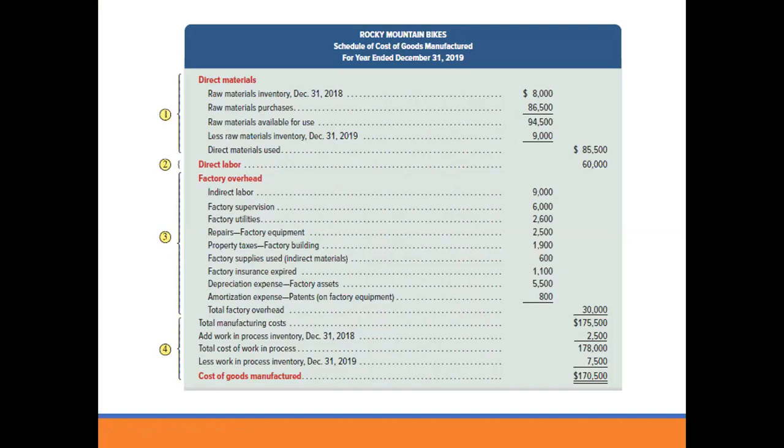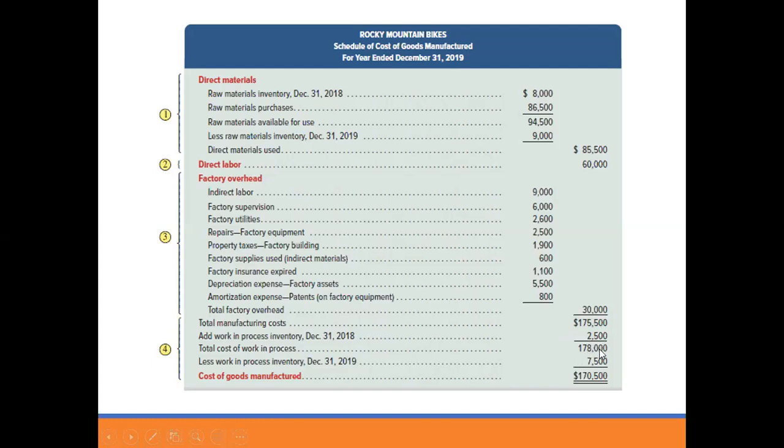And then we add beginning work in process. So, we're preparing this for the year 2019. And so total manufacturing costs for 2019 are $175,500. But then we're going to add what we started with in January.